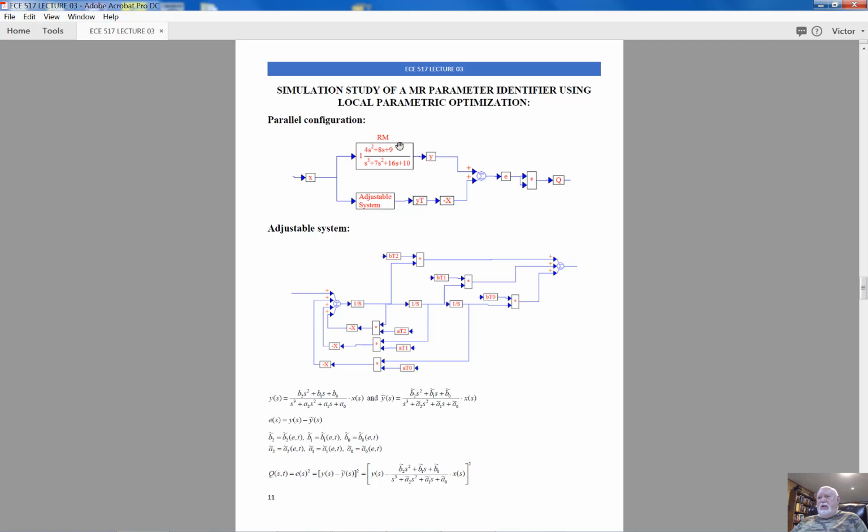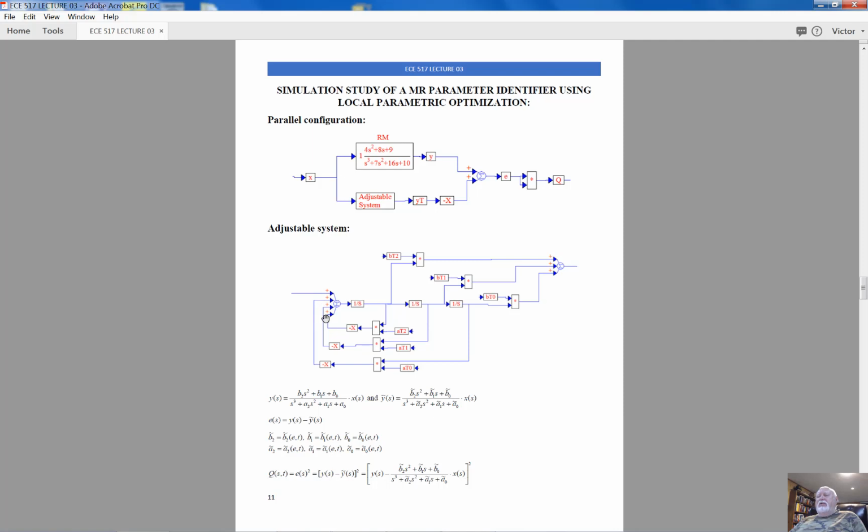Because in this system, parameters could not be adjusted. If it's 8, it's 8, it cannot be changed. However, here, in this configuration, every single parameter of exactly the same transfer function is defined by variables. These variables are b theta 2, b theta 1, b theta 0, a theta 2, a theta 1, a theta 0.